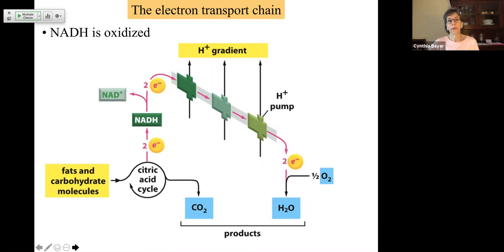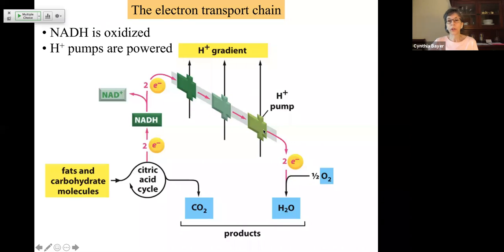The NADH is oxidized, it loses its electrons. The movement of those electrons will power the pumping, the movement of protons from this side of the membrane, the matrix side, to the other side of the membrane, the intermembrane space.